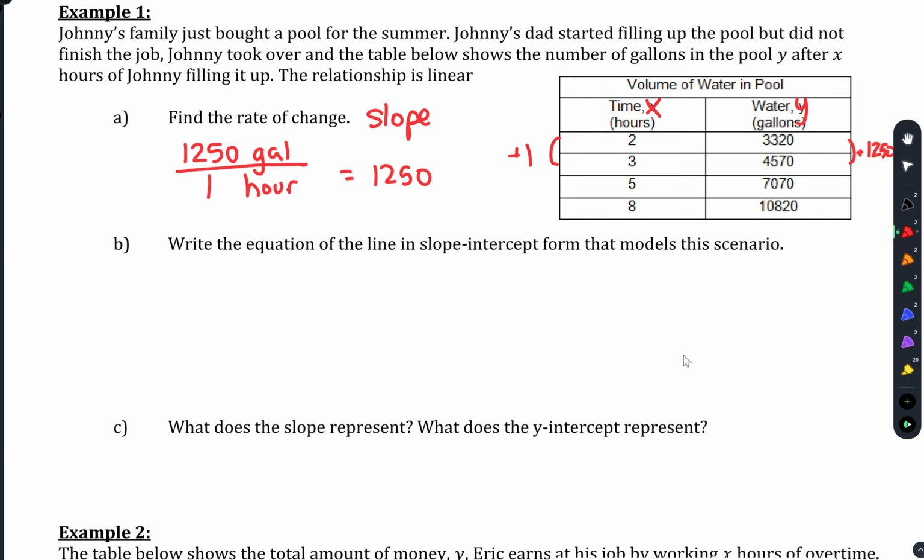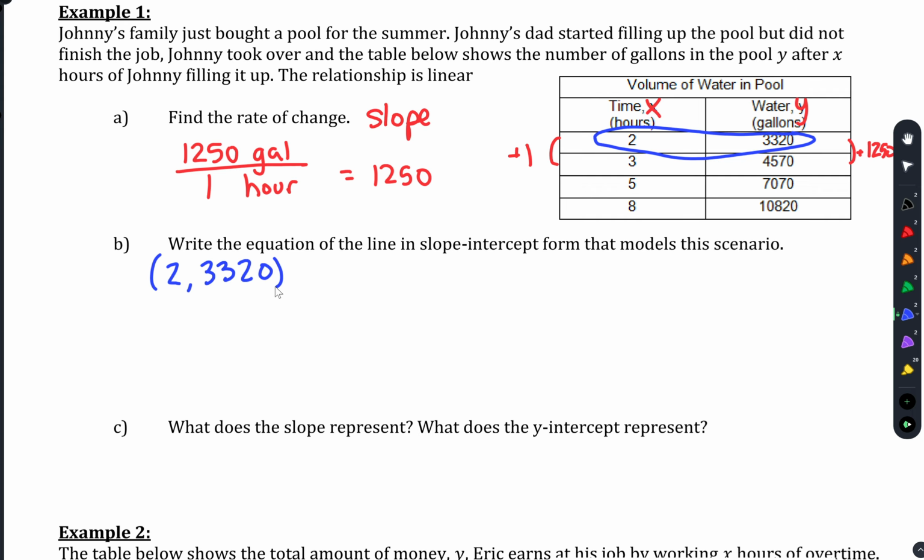What is a point on this graph? James. Perfect. Remember, every row of this table represents a coordinate point. So like this would be 2, 3,320.